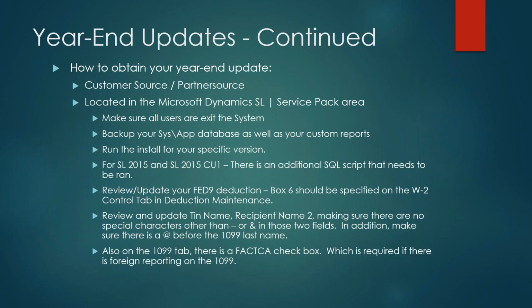In addition, we need to make sure that there's an @ sign before the 1099 last name. For example, Bob Smith, it would be Bob @Smith. Also on the 1099 tab, there is a FATCA checkbox, which is required if we're doing any foreign reporting.